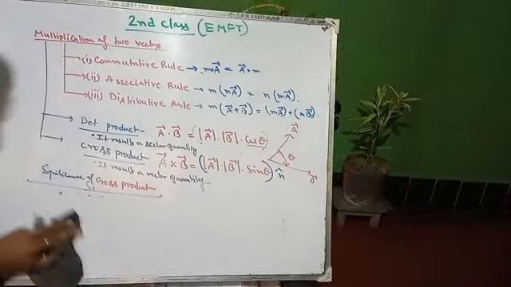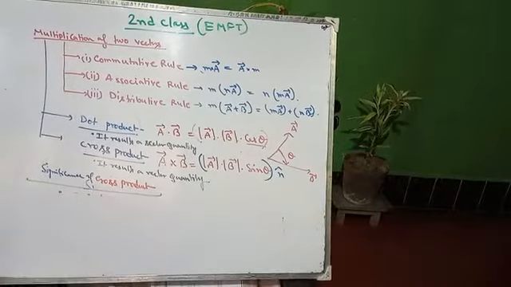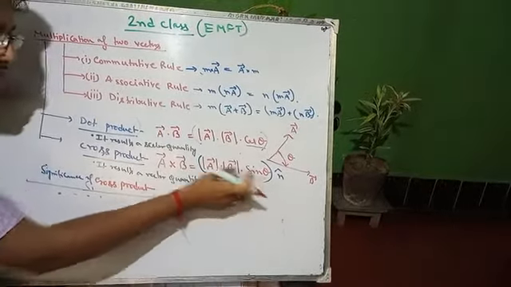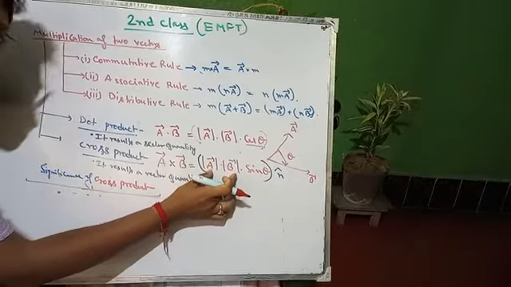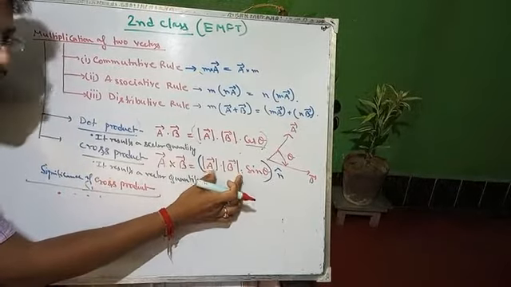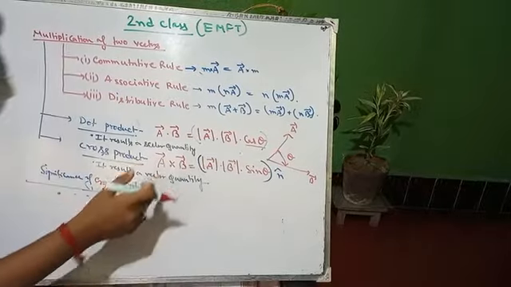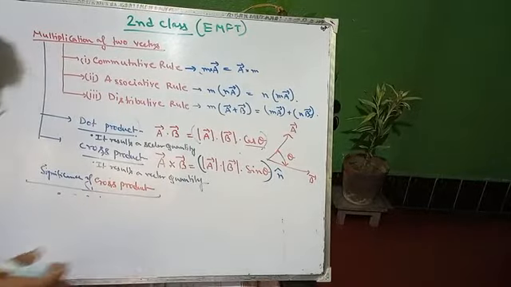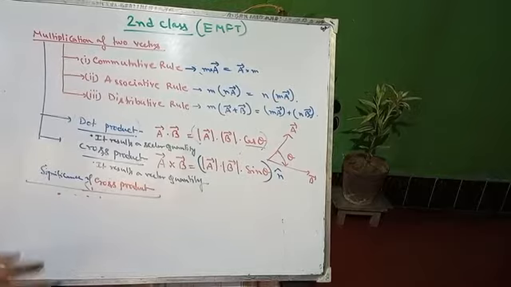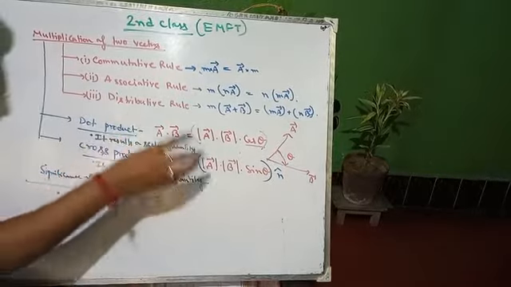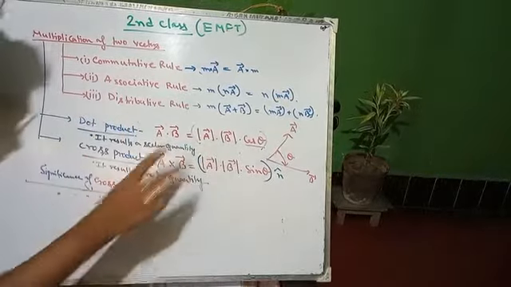First you have to understand what the cross product is. Cross product means the multiplication of the two magnitudes with sine theta, and it has some direction. So how does it produce the direction? The significance of this cross product tells about the direction concept.